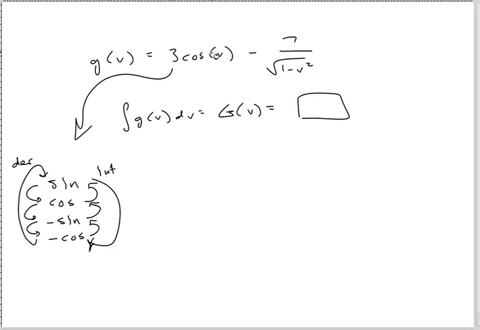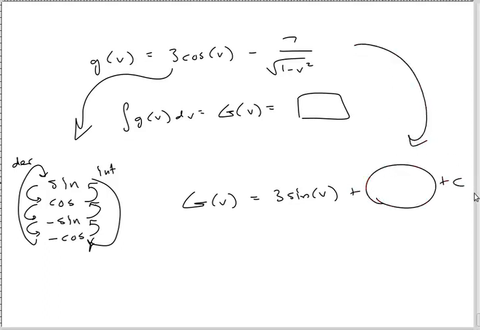And so my integral of cosine is a sine. And so my capital G of v is equal to 3 sine of v. Yes, you got to use v's. Don't use x's. And then minus or plus something or other, and plus c.